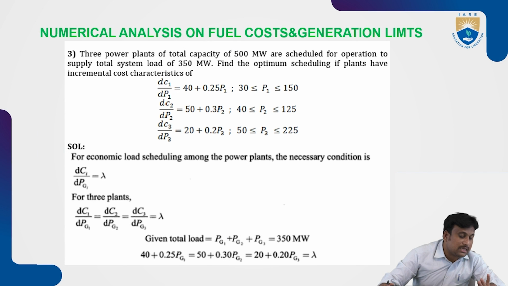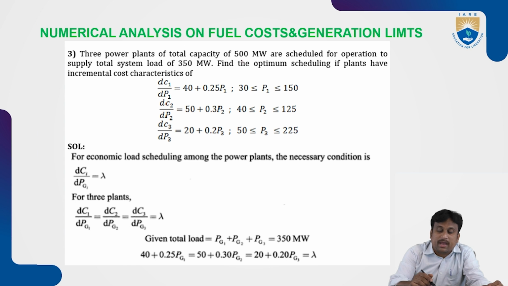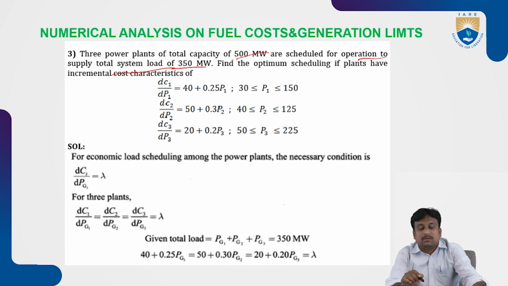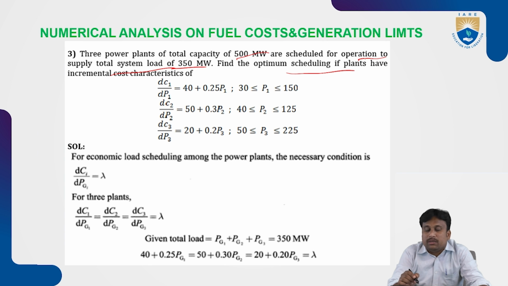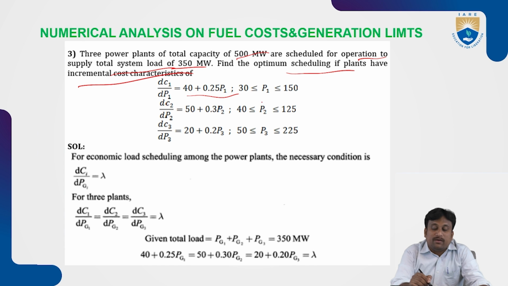Now another case is about three power plants of total capacity 500 megawatts, which are scheduled for operation to supply a total system load of 350 megawatts. Find the optimum scheduling if the plants have incremental cost characteristics. That means dC1/dP1 equals 40 plus 0.25 P1, where 30 is less than or equal to P1, less than or equal to 150.